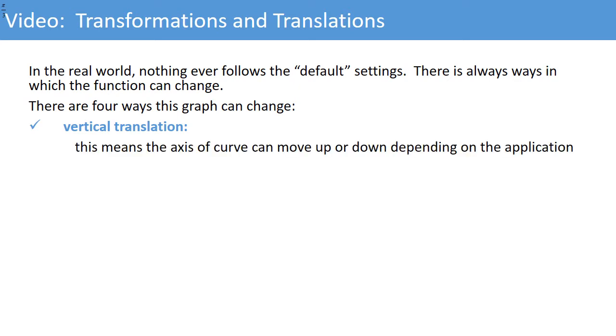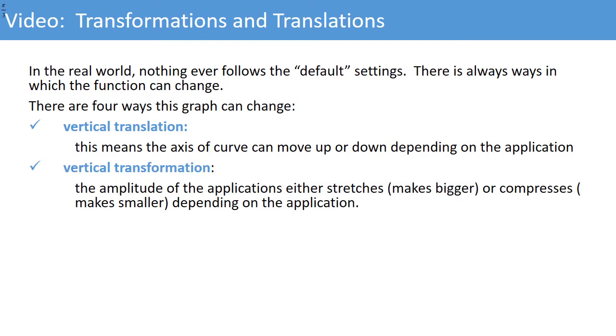This means the axis of curve can move up or down depending on the application. Vertical transformation: the amplitude of the application either stretches, gets bigger, or compresses, gets smaller, depending on the application.